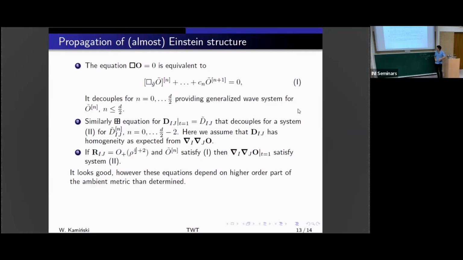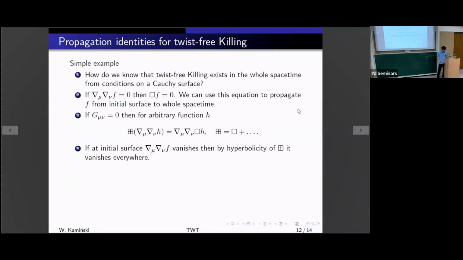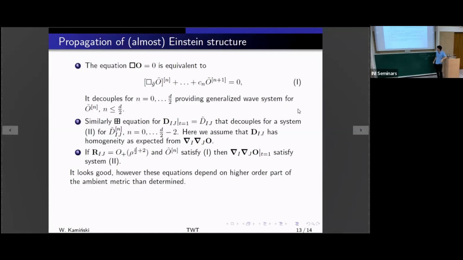So then one can, from this other equation that I denoted by this crossed box, also write it in the ambient space. And if one does that, one will also obtain some system of generalized wave equations.